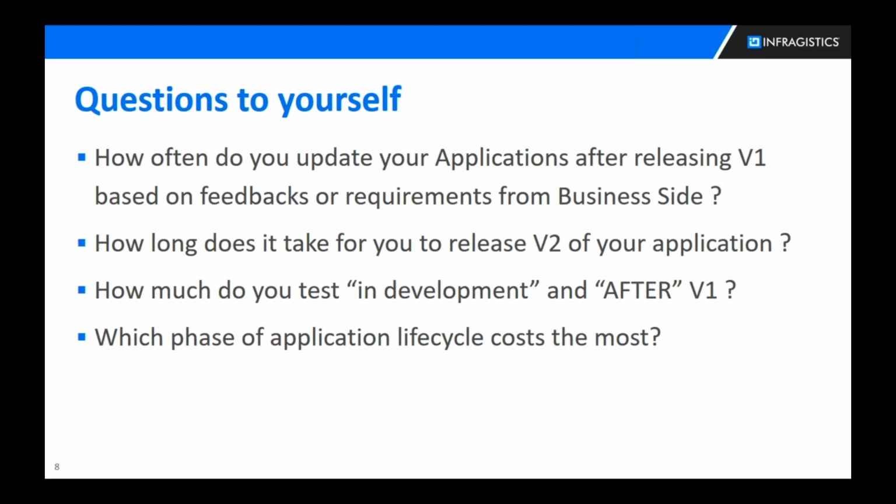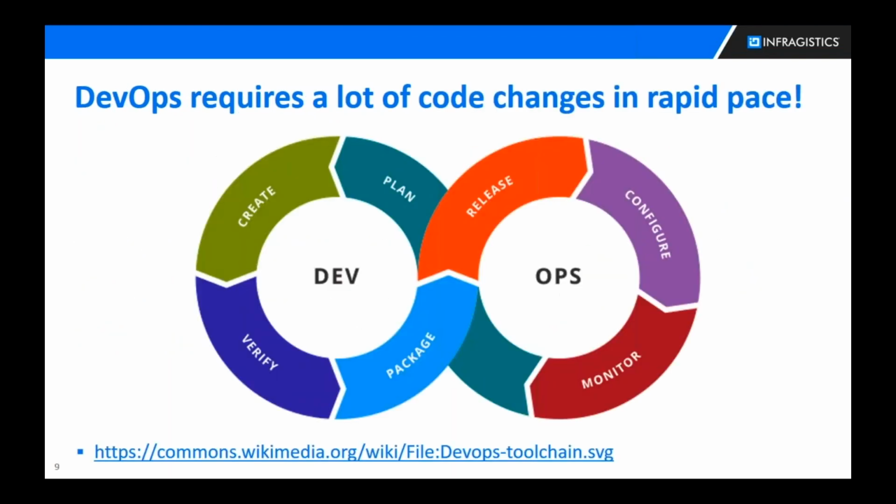But it's being changed with DevOps concepts. What DevOps means is you develop applications, then you release applications, then you monitor or get feedback, then you have to develop again at a very rapid pace. So it's not like a one year development life cycle. It's going to be 6 months, 3 months. It could be 2 weeks, 1 week, or every day.